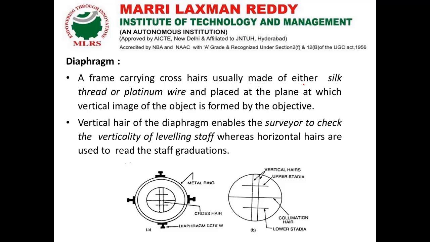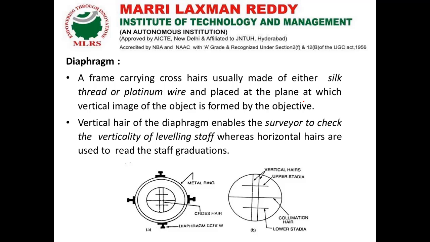Which is made up of either silk thread or platinum wire, which is placed at the plane at which the image of the object can be visible clearly by us.